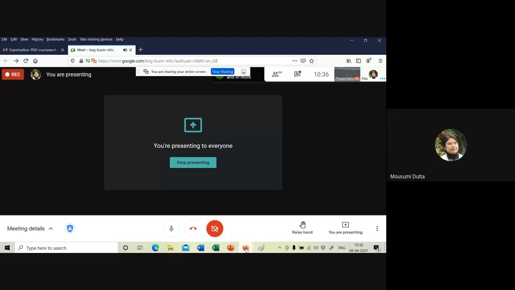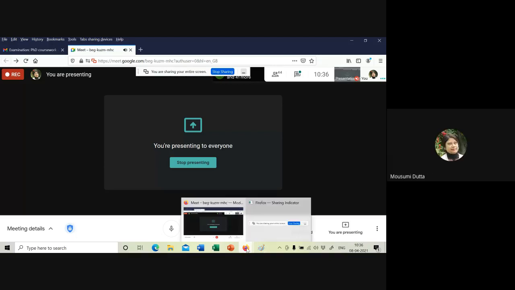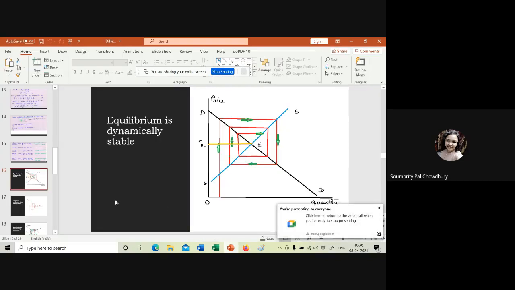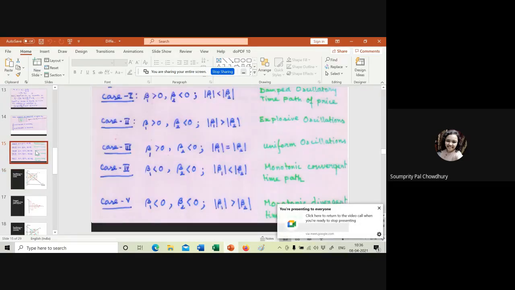Ma'am, I just wanted to ask what will be the case if both beta 1 and beta 2 are positive and mod of beta 1 is less than mod of beta 2? Beta 1 and beta 2 positive. Yes, and mod of beta 1 is less than beta 2, then what will the time path be like?